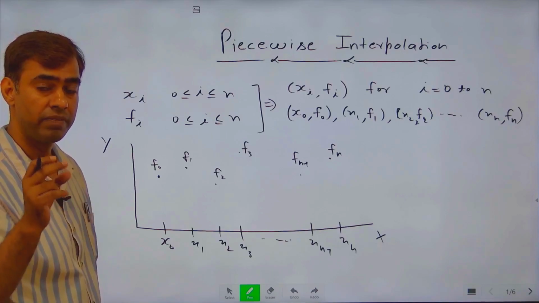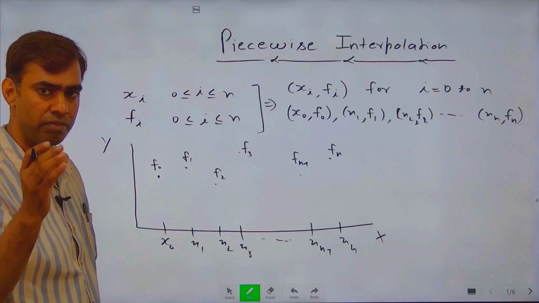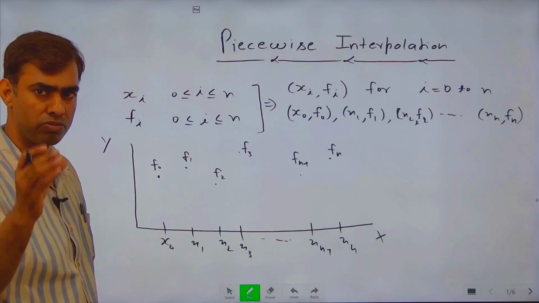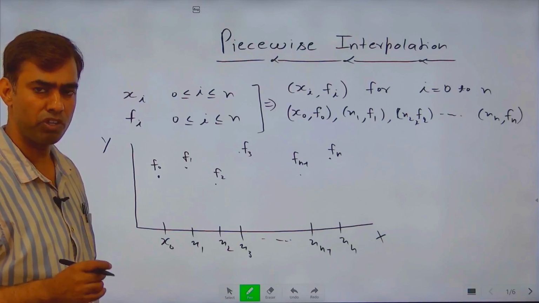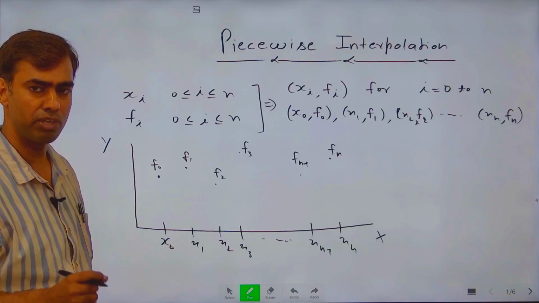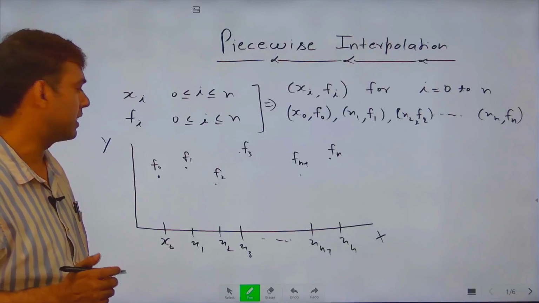If we group the data into a first group, second group, third group and fourth group, and in each group we fit a quadratic polynomial, then this type of interpolation is known as piecewise quadratic interpolation.